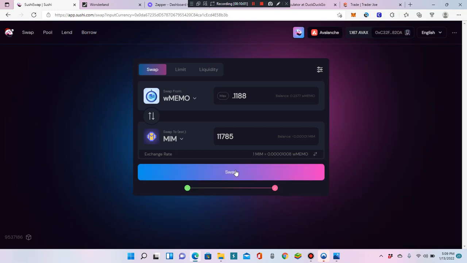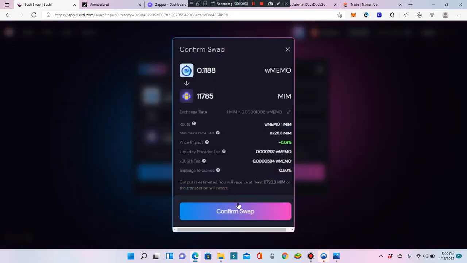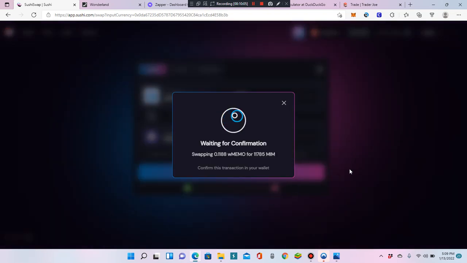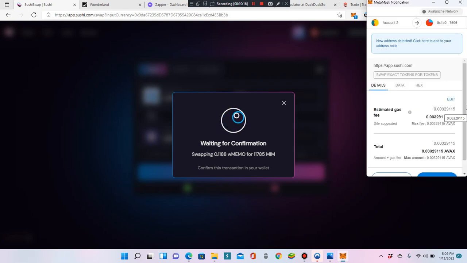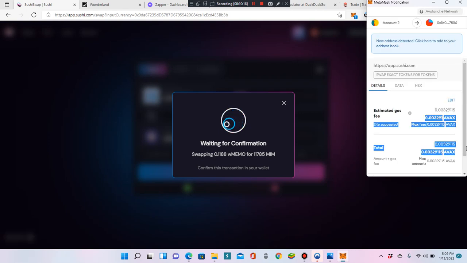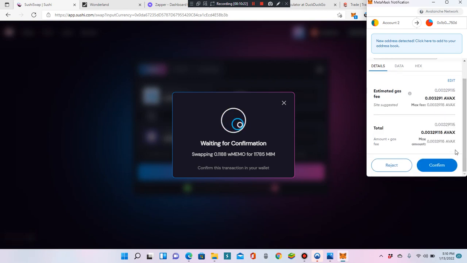Okay, now we're going to do the swap. And there we go, there's the swap. Confirm swap. Waiting for confirmation. And let's see, where is my MetaMask? Swapping. There we go.